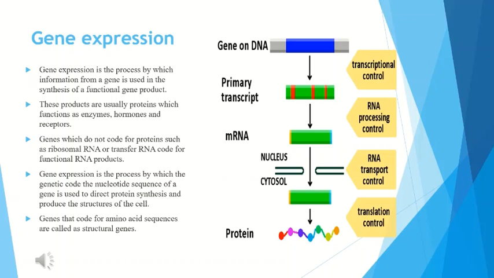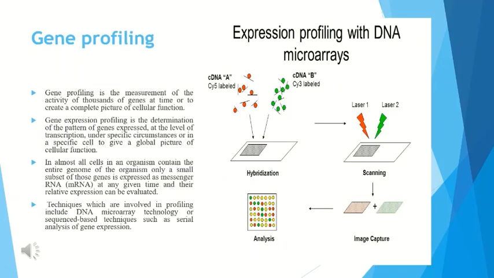Genes that code for amino acid sequences are called structural genes, that you can see one of them here: DNA, RNA, and protein.